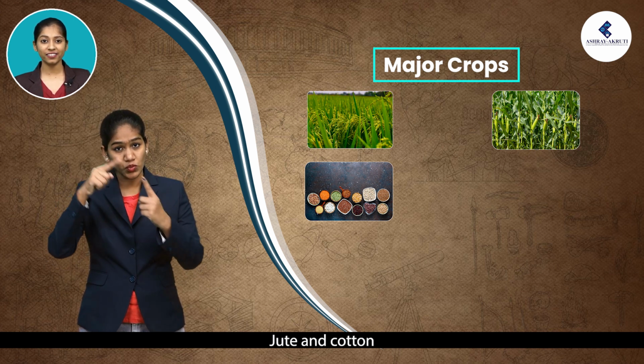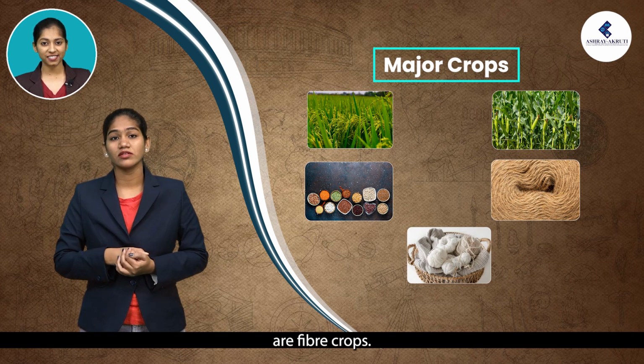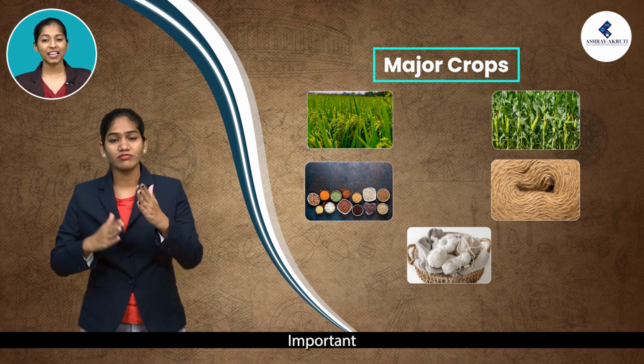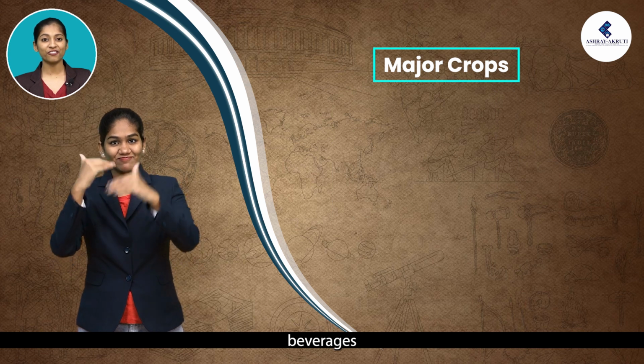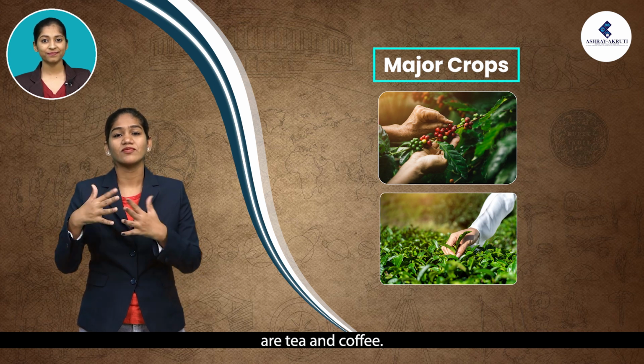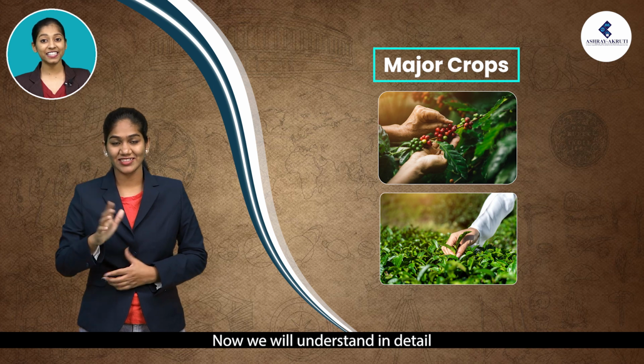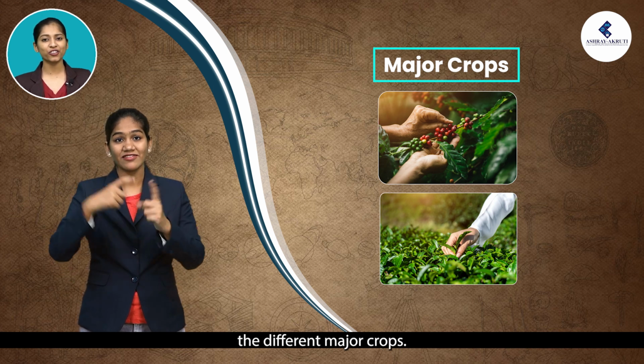Jute and cotton are fiber crops. Important beverage crops are tea and coffee. Now, we will understand in detail the different major crops.